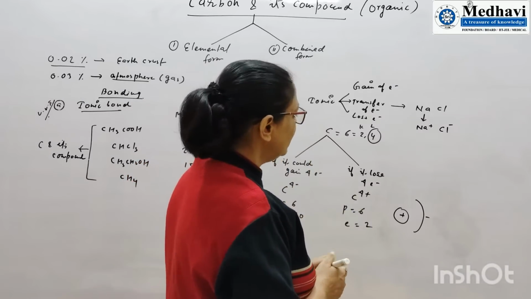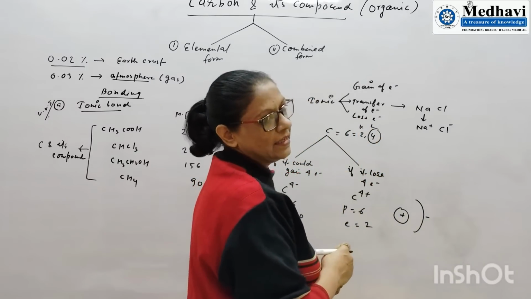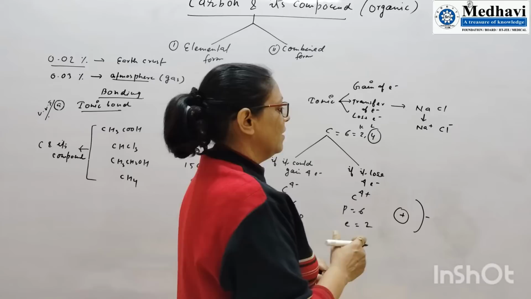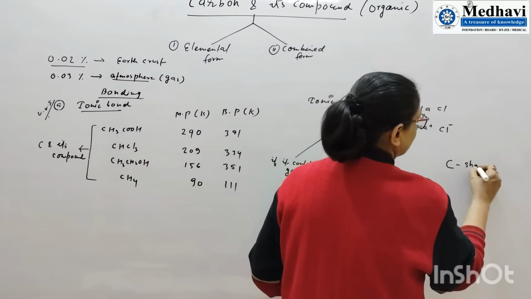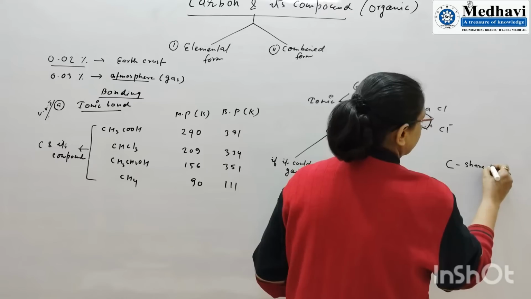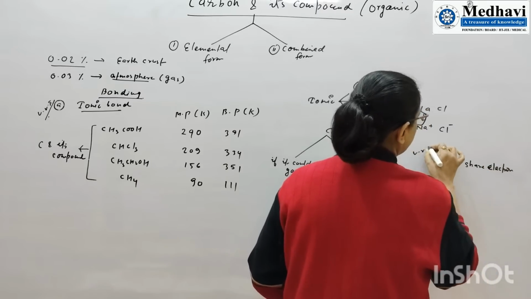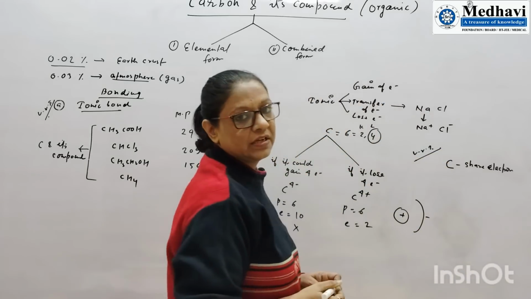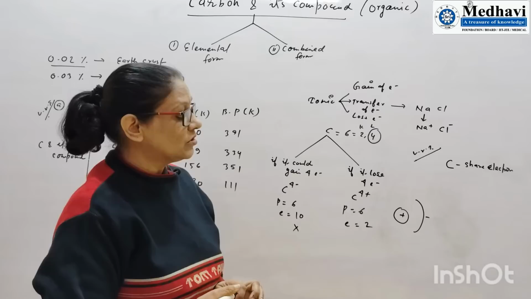So in case of carbon, these two problems have been solved because it will share electrons. Very important information: it will neither lose nor gain electrons.